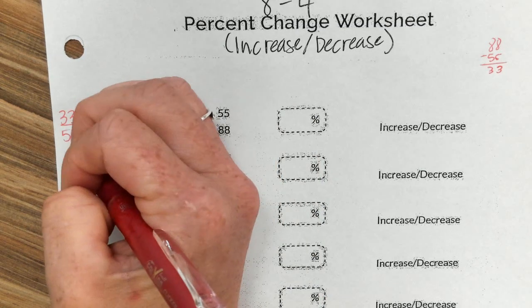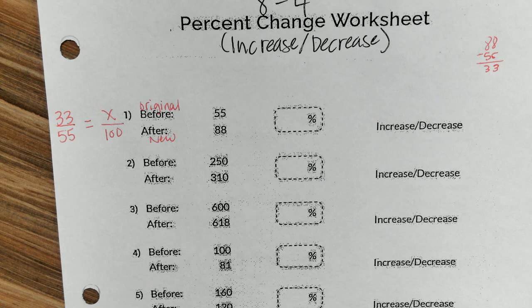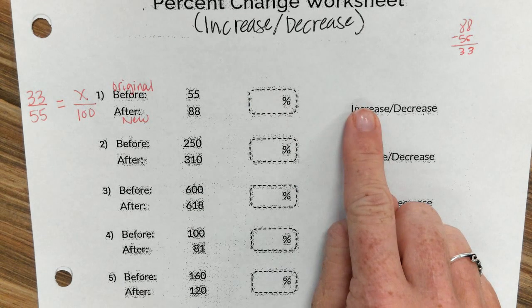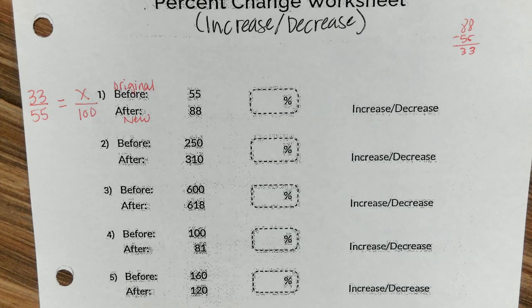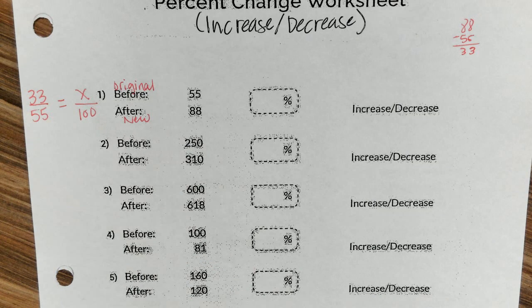So 33 over 55 equals X over 100. Once you get your answer, it's going to go here, and then you're going to circle if it's increase or decrease. If you would like to use a separate sheet of paper to show your work, just please attach it to your assignment, yes? Because there's not a ton of space on this to show your work.